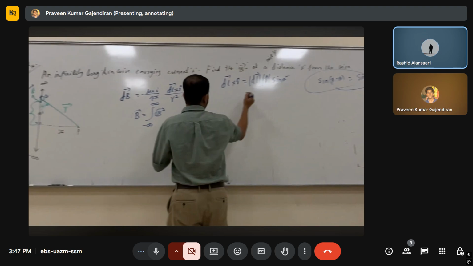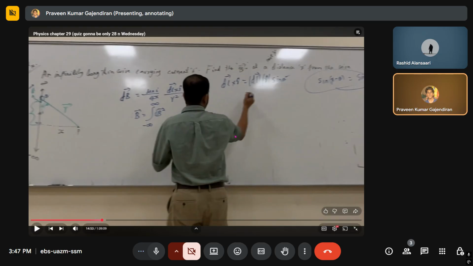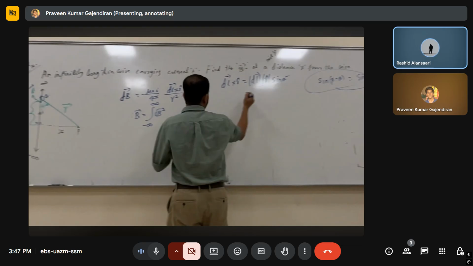And then the other one is just next to it, sine of pi minus theta, which is equal to sine theta.